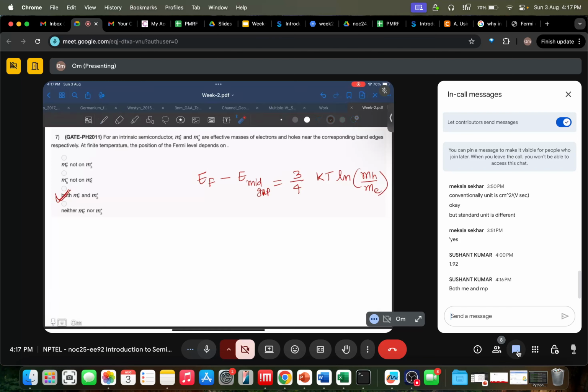So your intrinsic Fermi level depends on both mH and mE.